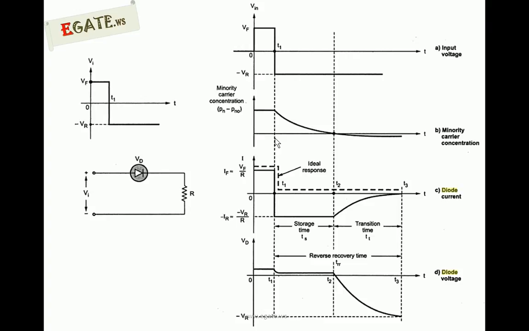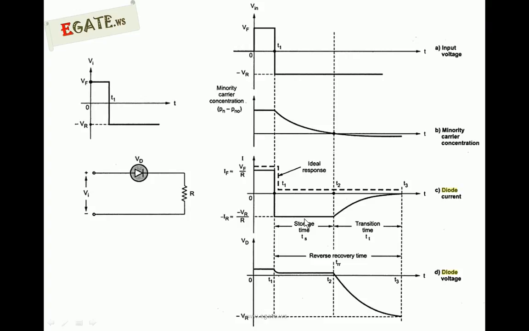During that time the diode conducts, but in the reverse direction, because the carriers that previously moved are now moving in the opposite direction, so you get a large amount of current in the opposite direction. Previously the diode current was in the positive y-axis direction, now it is in the negative y direction. So this is negative current flowing from N to P.